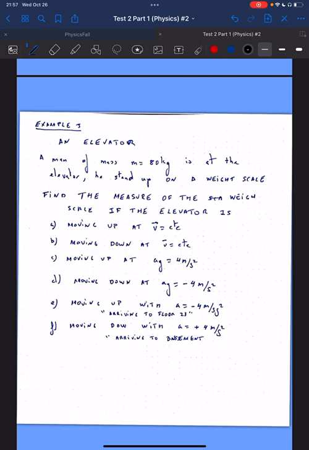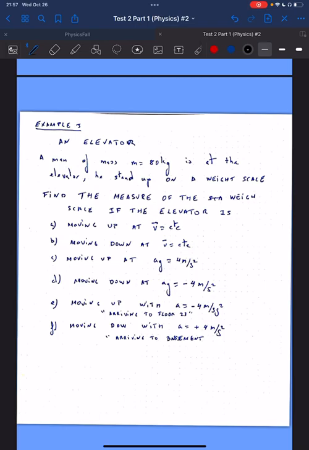E, moving up and arriving at floor 23. F, moving down with a equals 4 meters per second squared, and it arrives at the basement, so to the lowest.